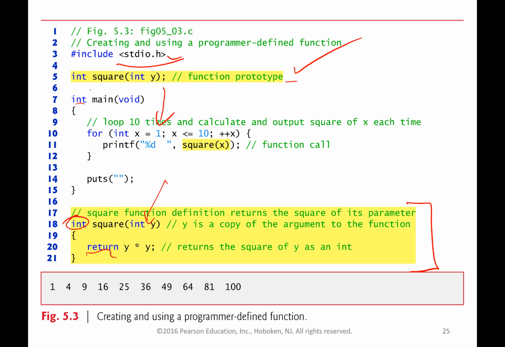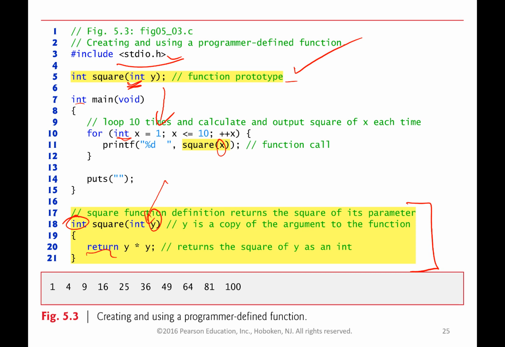Also notice that it's called X here, and it's called Y here. Those two names don't have to match. They can be called anything in the calling program and anything you want in the function. What does have to match is that this is an int, and X is defined as an int right there.